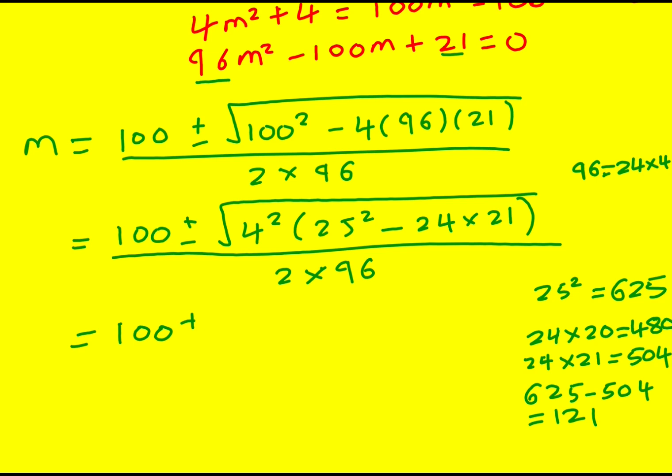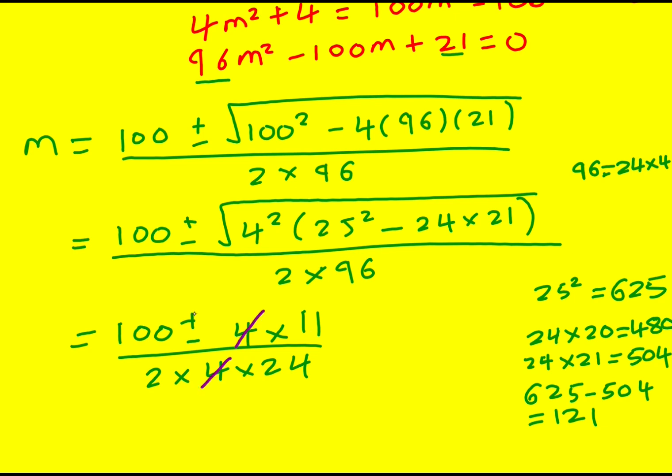So 100 plus or minus the square root of 4 squared, which is 4, times the square root of 121, which is 11, over 2 times 4 times 24 as we had before.